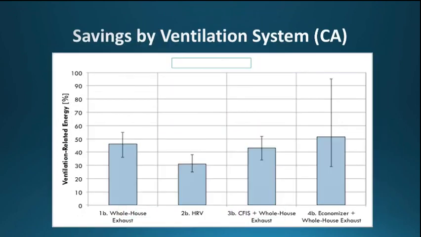But you can see that it's saving 30 to 50% for these 4 different heating and cooling systems in different climates that might have been used. And in certain climates that have cooling loads and can use economizers, you can save almost 100% of the ventilation-related energy by having a smart controller.